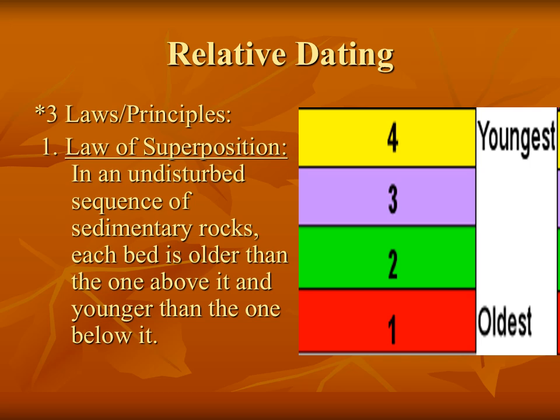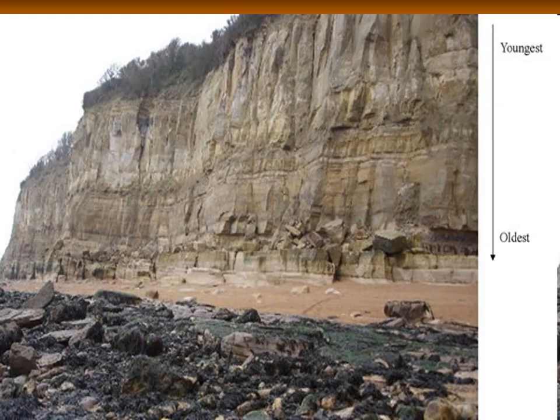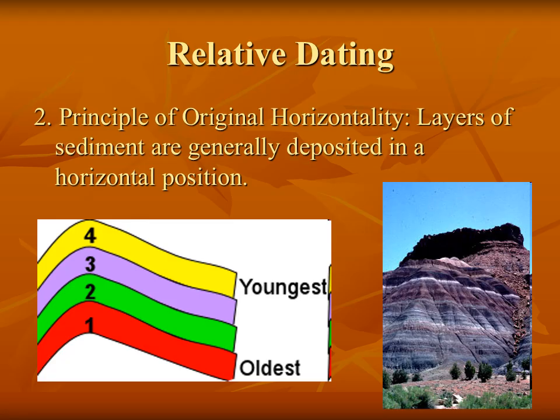That's all that means. Here is an awesome diagram of superposition with sedimentary rocks. You see the oldest ones are on the very bottom and the youngest ones are on the very top, which means they were made last.